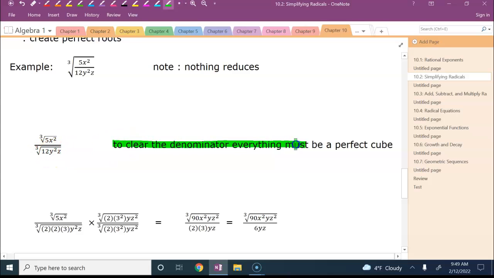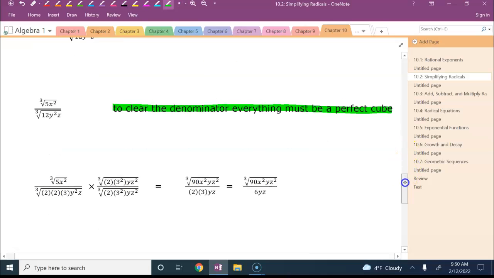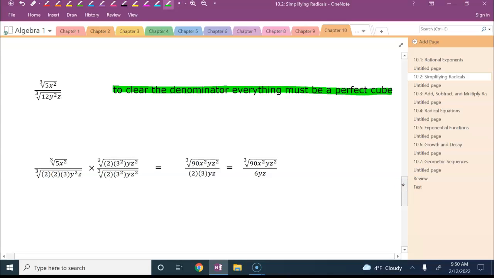So for this problem everything must be a perfect cube. Now if it was a square root, then everything would need to be a perfect square. Okay? So how we do that is we take a look at what's in the bottom and we try to figure out what we need to include or add to the radical so that it will simplify and we won't have it anymore.